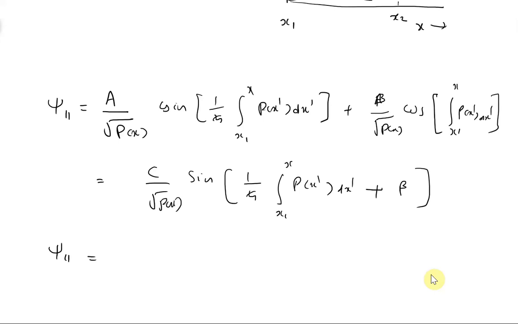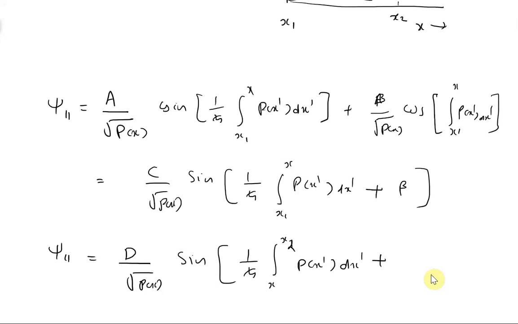I'll take the constant as something d over root p of x, some sine of 1 by h cross integral from x to x2, p of x prime dx prime, plus, here we know whatever coefficient we have, as it is a connection formula, it's pi by 4.